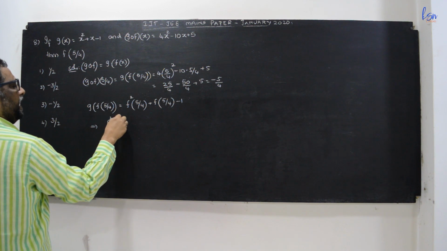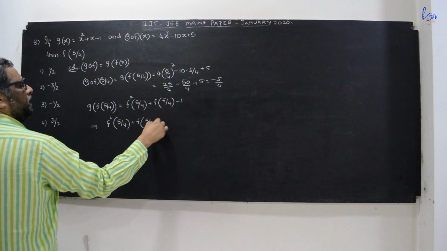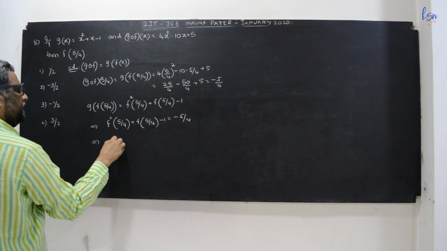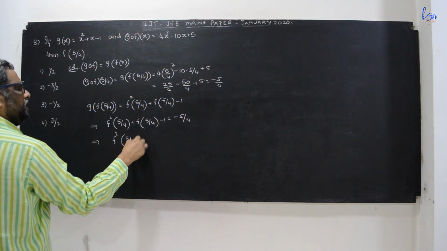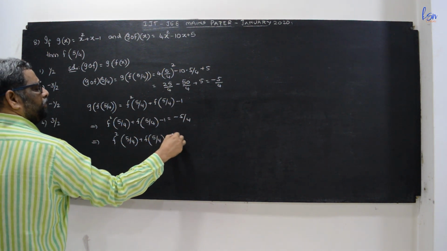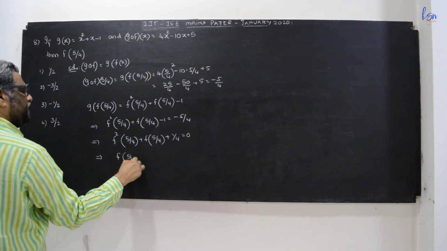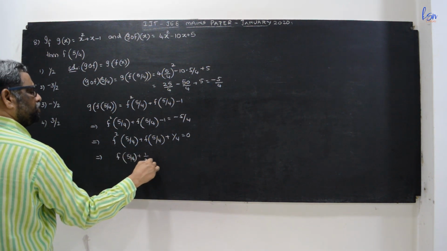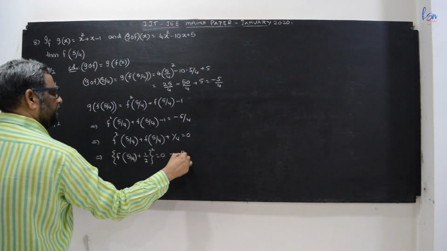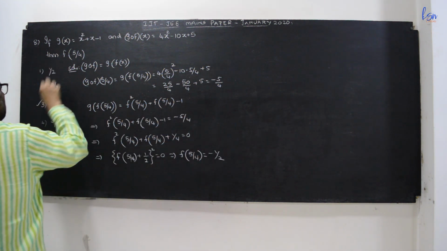This implies f square 5 by 4 plus f of 5 by 4 minus 1 is equal to minus 5 by 4, so f square 5 by 4 plus f of 5 by 4 plus 1 by 4 is equal to 0. It can be written as f of 5 by 4 plus 1 by 2 whole square, a perfect square, equal to 0, which implies f of 5 by 4 is equal to minus 1 by 2. So the third one is the answer.